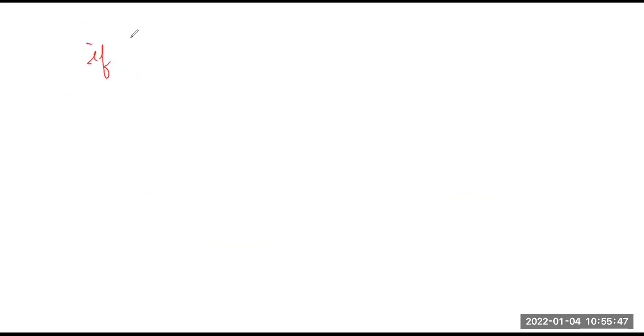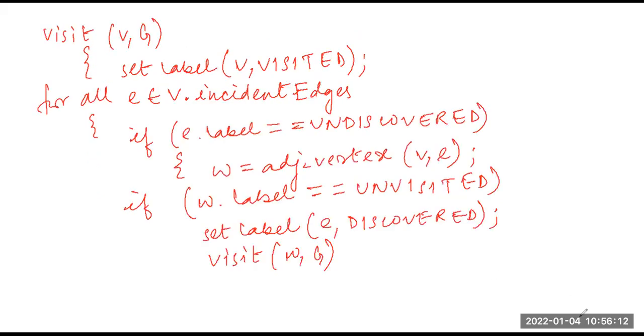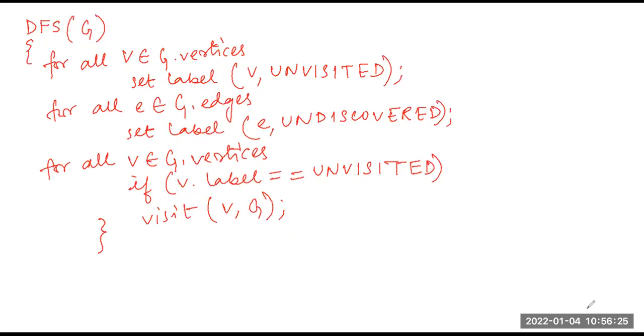If the label of that vertex was already visited, what did we do? We backtracked, right? We set the label of that edge to be a backtracked edge, right? So one closure for this entire part and one closure for the main graph, right? So this page, below that these writings, below that this entire structure together is the algorithm for DFS. Okay, is this thing clear to you all?